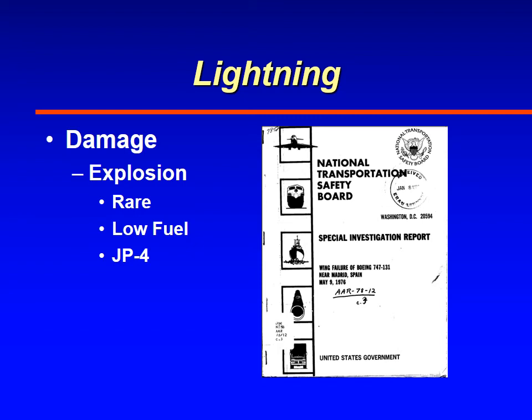Here's one accident investigation from an aircraft, a Boeing 747 that flew into Madrid back in 1976 and was struck by lightning, and that did explode. But there have only been about 3 or 4 different cases that airplanes have exploded, and airplanes are getting struck by lightning every day. Typically, JP4 tends to be more volatile.